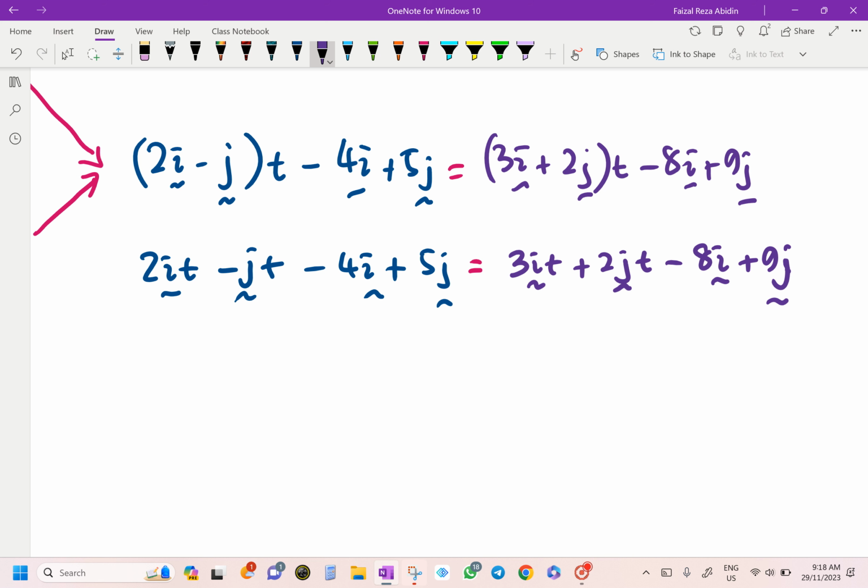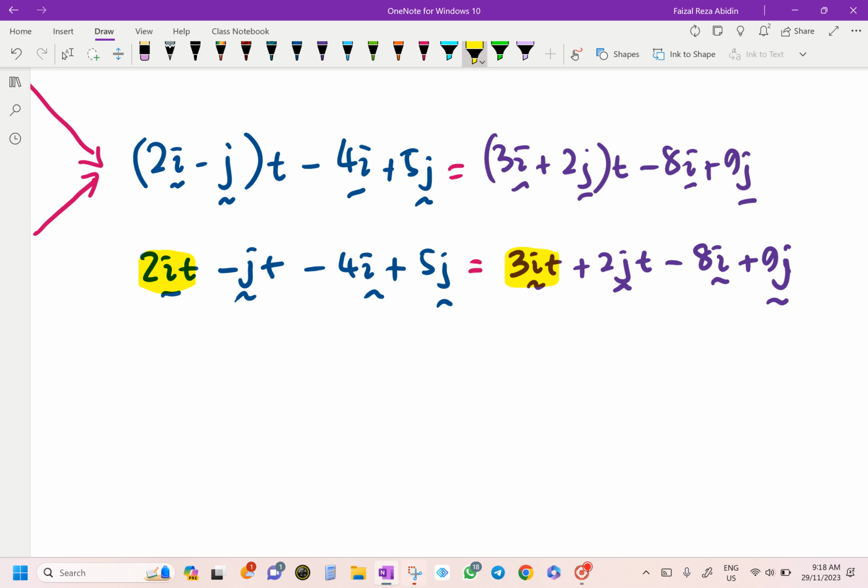Look over there. What can we solve first? You can see we have the same jt over there. Can't see? Like terms. Okay, here: 2it and 3it are the same, right? So it means we can get 5it. That one on the right side, that one on the left side.